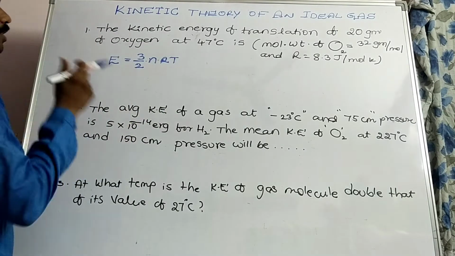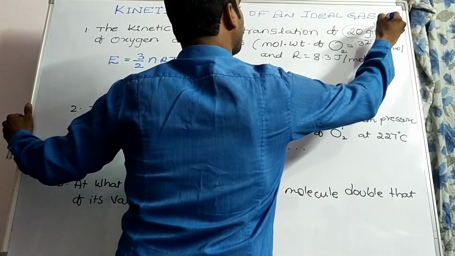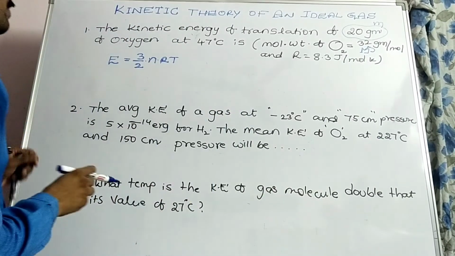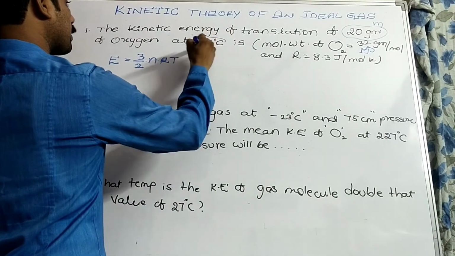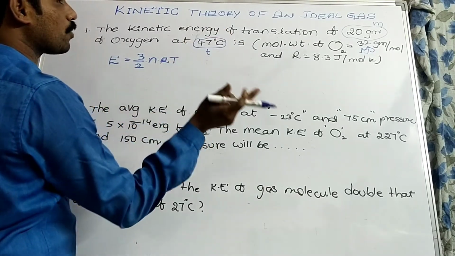But here we are provided with the mass of the gas as well as the molecular weight, and with the temperature T. To convert it into absolute scale temperature, we have to add 273.